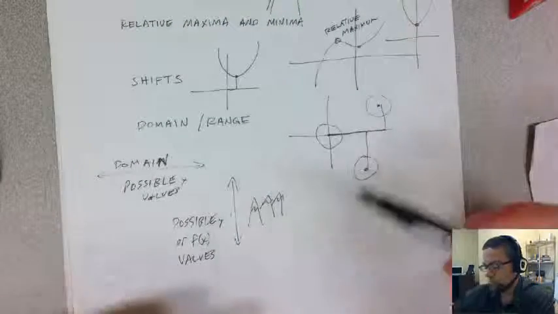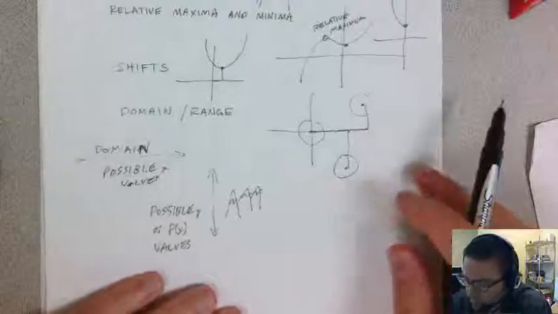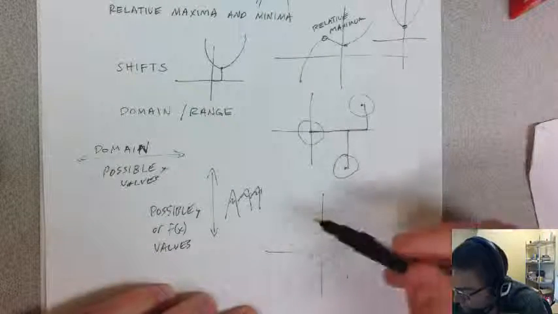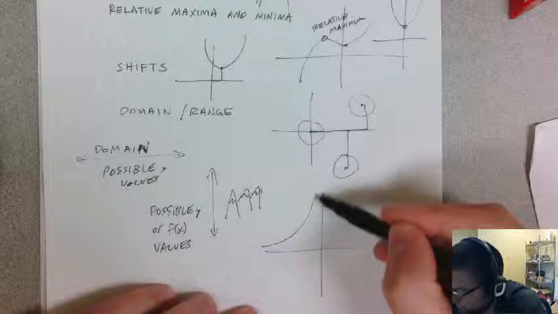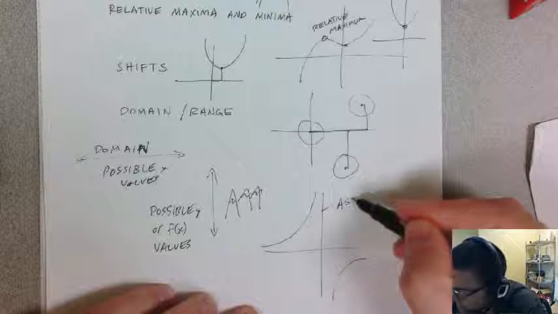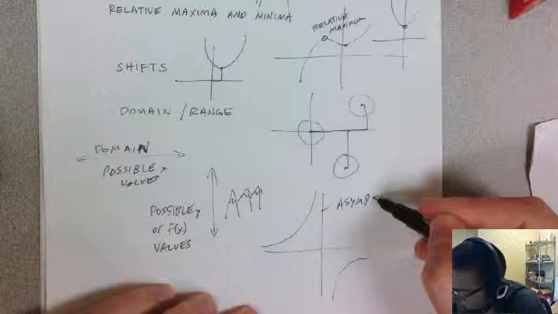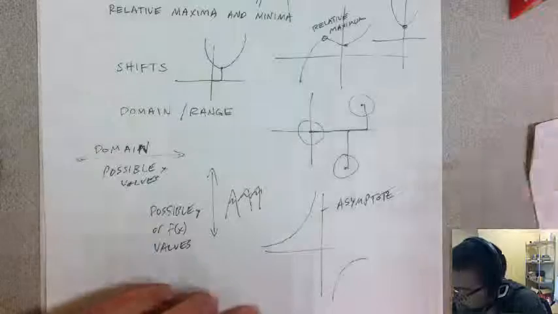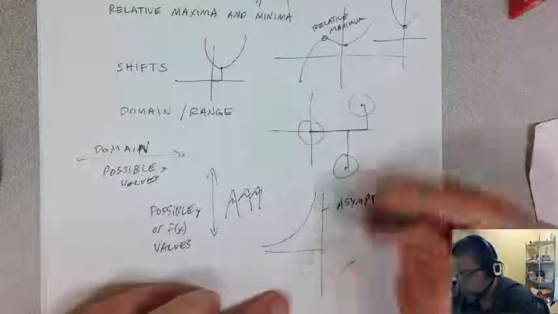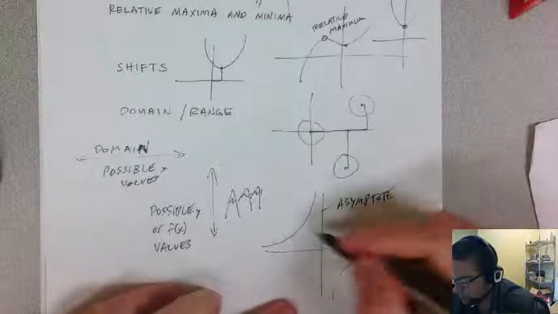So many times we will get functions that are limited, that can't be in a certain area. So like with this kind of thing, we have what's called an asymptote. It appears that this value right here, when x is equal to 0, does not work.